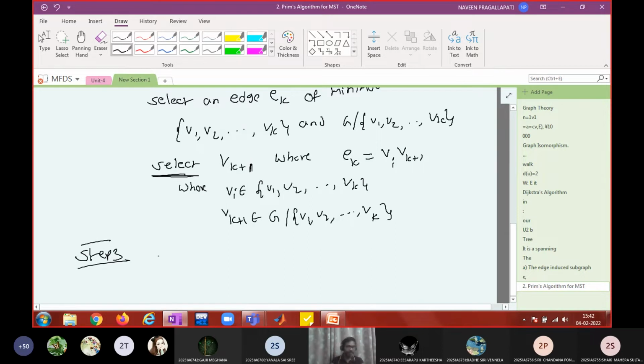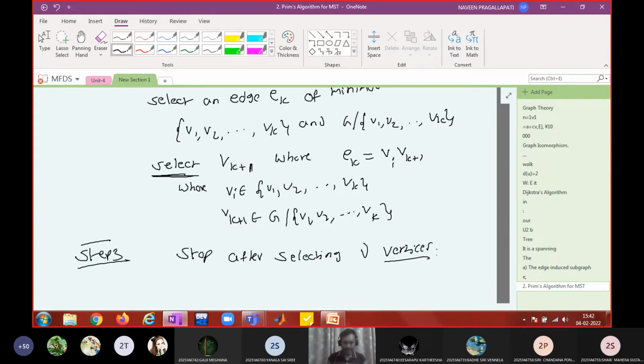Stop after selecting new vertices. So Kruskal's algorithm, we are making the count on the edges, and Prim's algorithm we are making count on vertices.